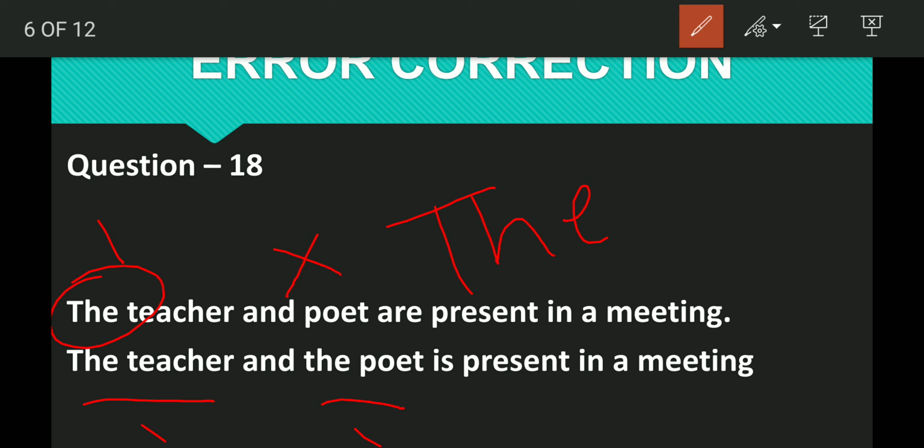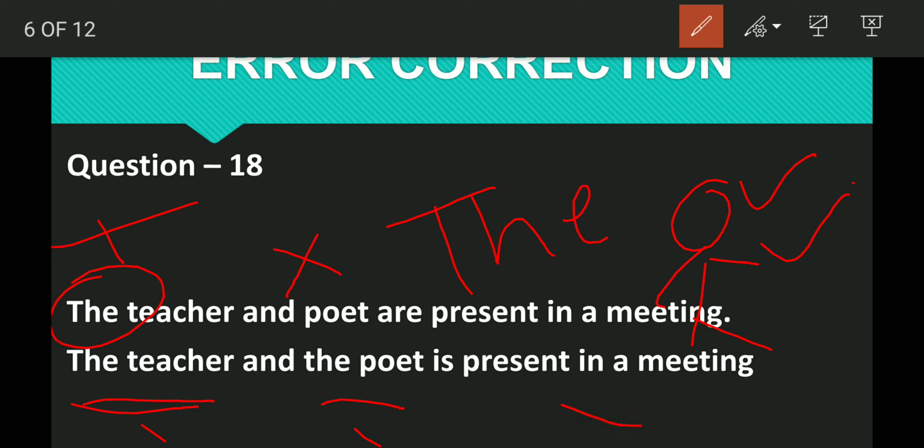So what exactly will it result in? Do remember the teacher and poet. Here, the person is one. There is one person only who is a teacher and who is a poet. The same person is a teacher, the same person is a poet. Whereas in the second question, the teacher means a separate person, the poet means another person.